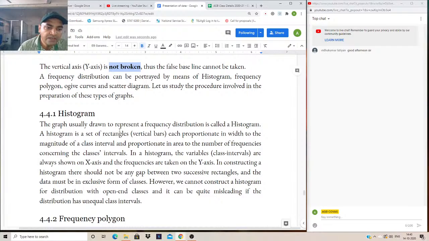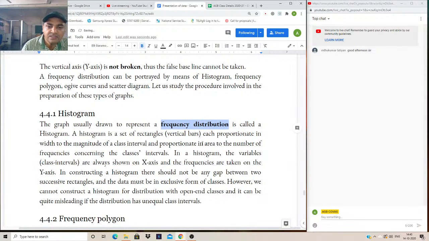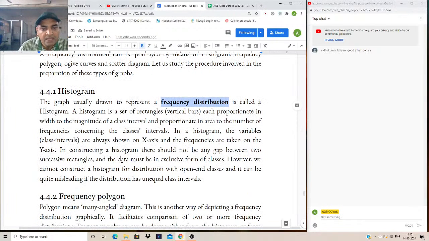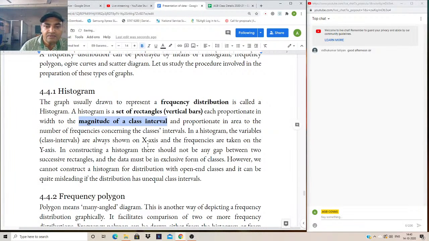The graph usually drawn to represent the frequency distribution is called a histogram. If you are making a graph which shows the frequency distribution, it is called a histogram. And what are histograms? These are a set of rectangles or vertical bars, each proportionate in width to the magnitude of the class interval, and proportionate in area to the number of frequencies concerning the class intervals.